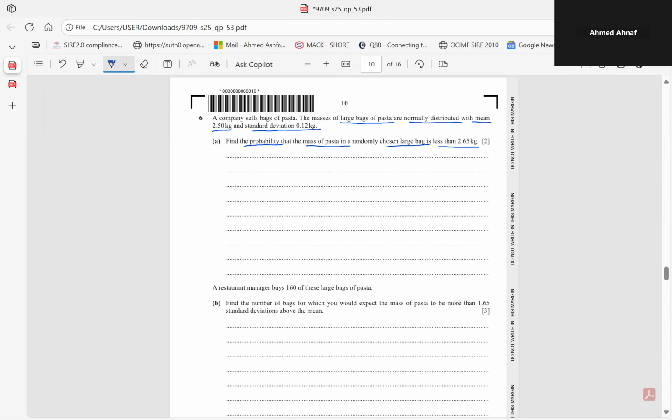Okay, so here we're going to let X be the masses of the large bags of pasta. And here X follows the normal distribution with mean 2.50 and variance 0.12 squared.